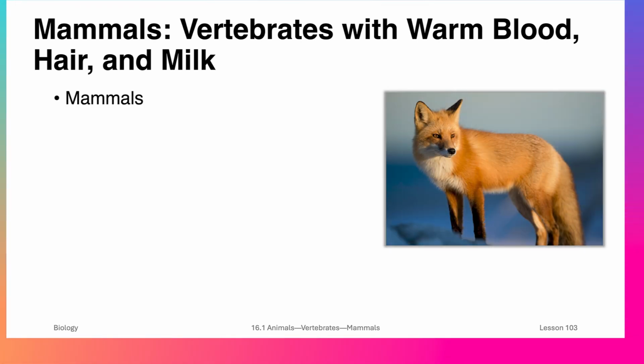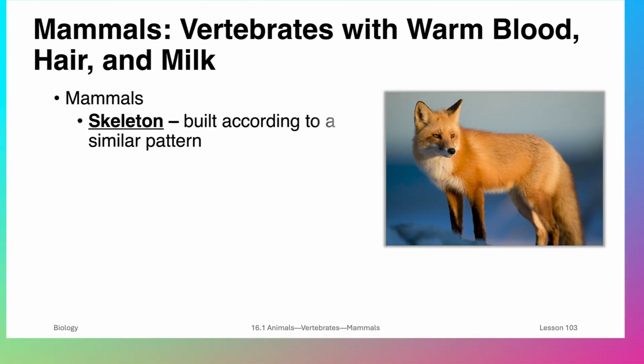So this is an example of a mammal. This is a fox. It has a skeleton, which is an endoskeleton, and the pattern of skeleton for mammals is very similar. There are differences, obviously, say between an elephant skeleton and a human skeleton, but there are general pattern similarities in the skeleton.